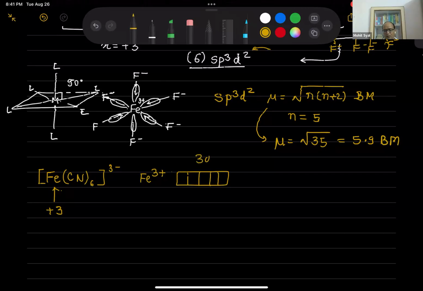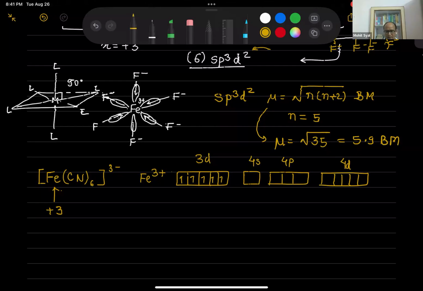These are the 3d electrons. 5 of them are going to remain. 4s is going to be empty because it had 2 electrons, they were removed because we made iron plus 3. Then 4p and 4d. Got it?